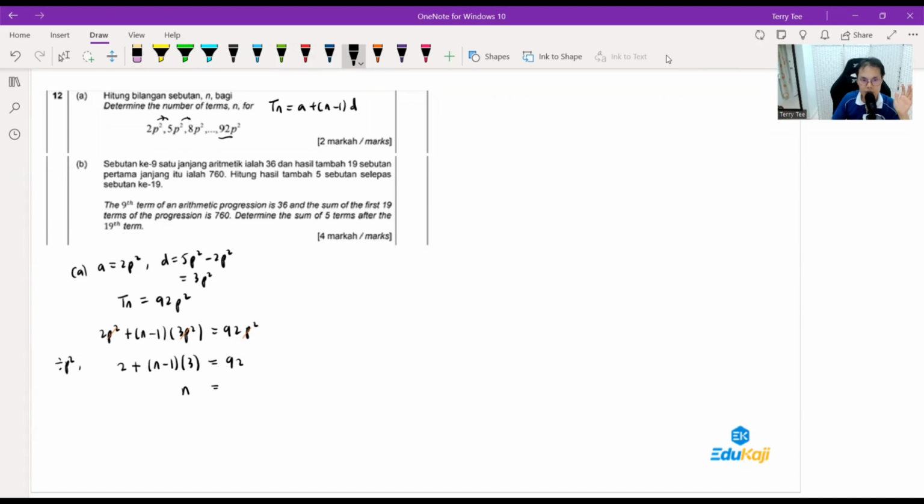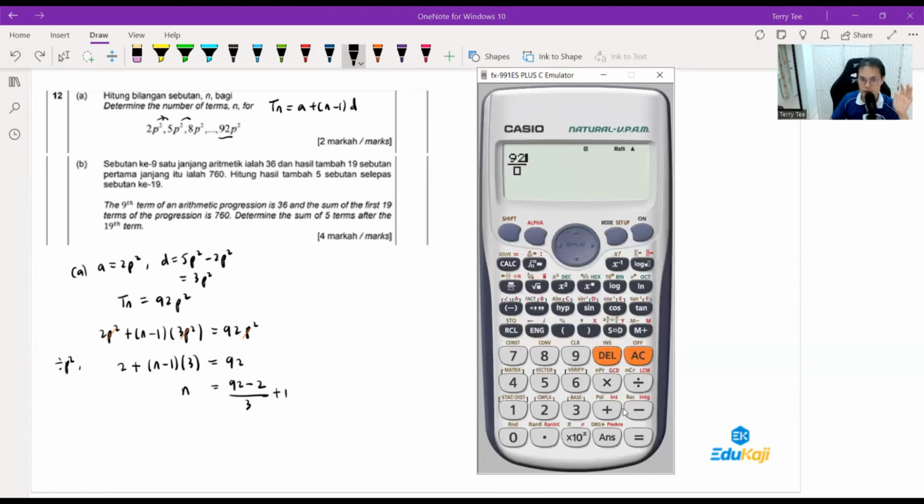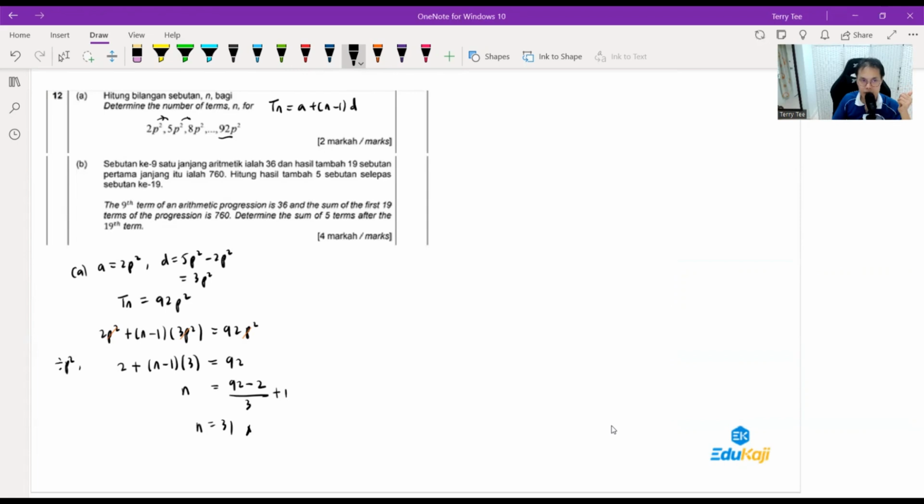For me, I will take 92 minus 2, divide 3, plus 1. Use your calculator. 92 minus 2 is 90. 90 divided by 3 is 30. 30 plus 1 is 31. Your n is 31.